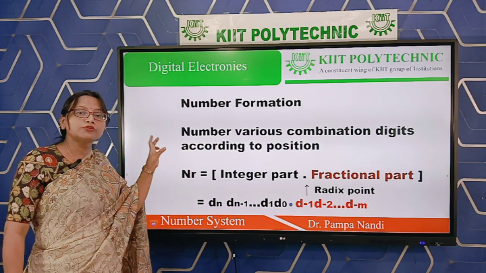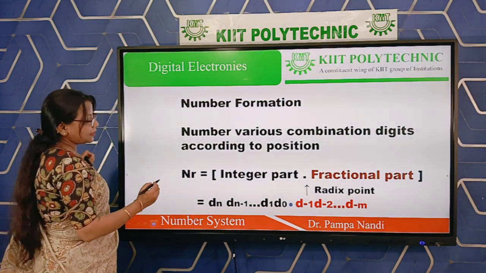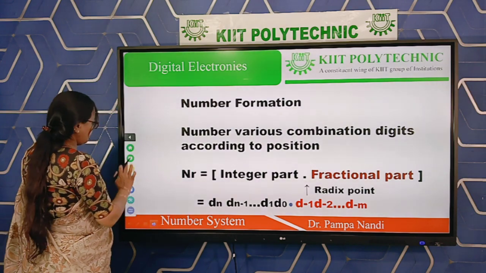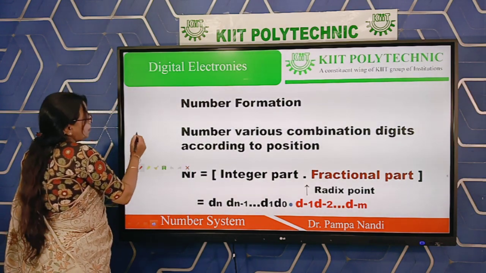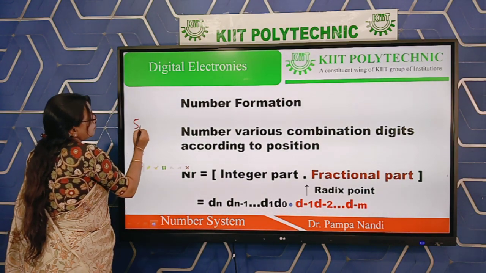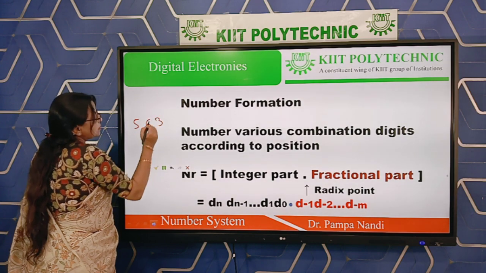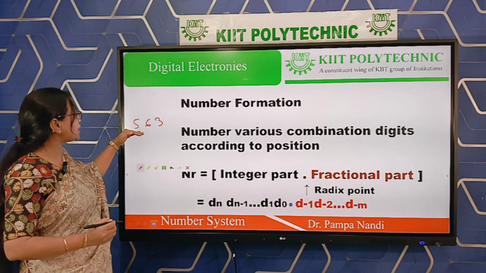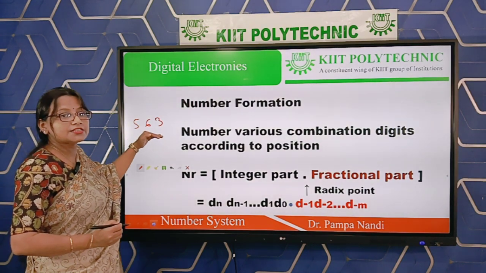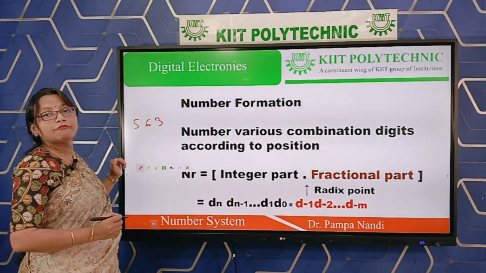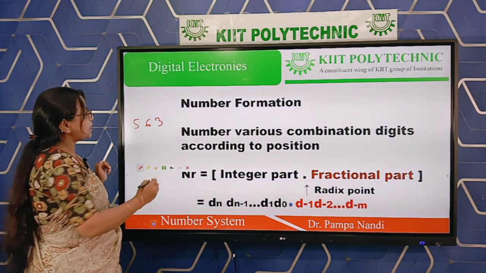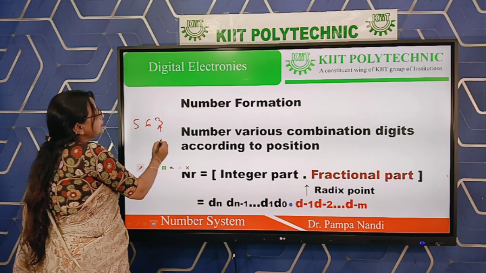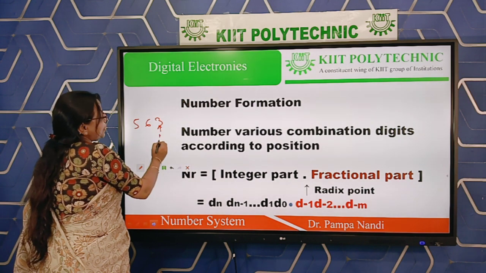According to this place, suppose I am writing a number like 563. Now 563 means what? These three individual digits, each individual digit, are called face value.